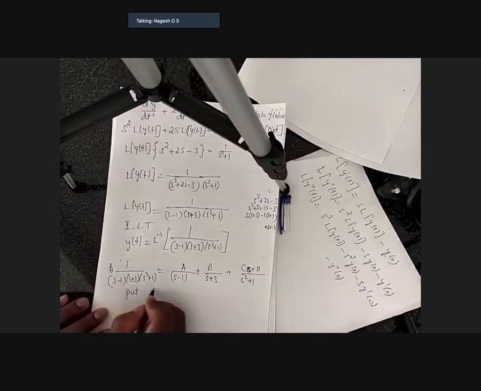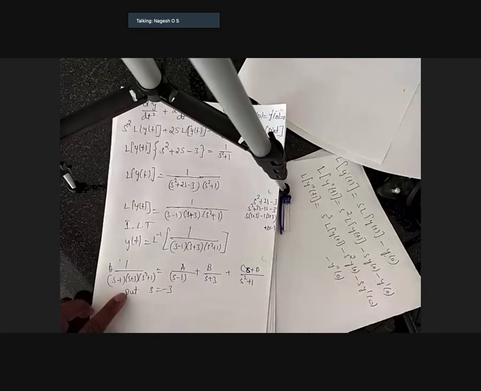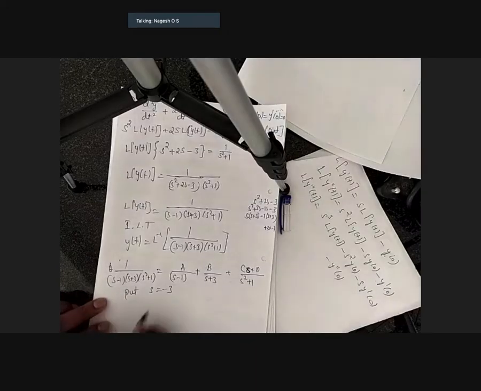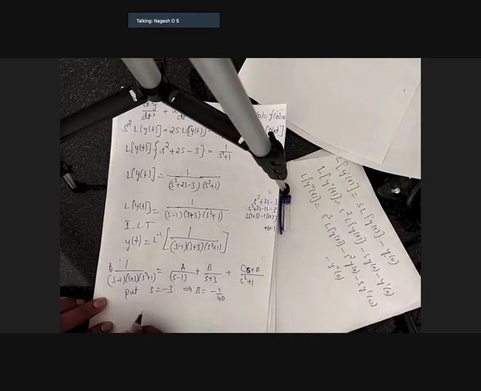Put s equal to minus 3. So take the LCM, put s equal to minus 3. You will get b value as minus 1 by 40. Put s equal to 1. You will get a value as 1 by 8.